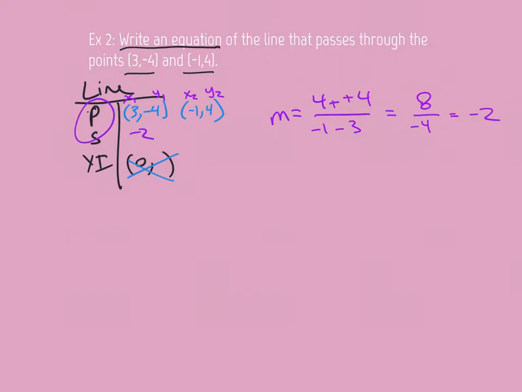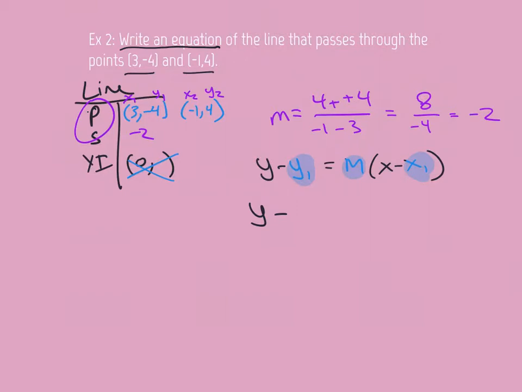Oh, what form should I use? How about point slope form? y minus y1 equals m times x minus x1. Maybe pause it and fill it in and try it on your own if you want. I'm going to fill in for y1, x1, and m. And when I do that, we get y minus y1.